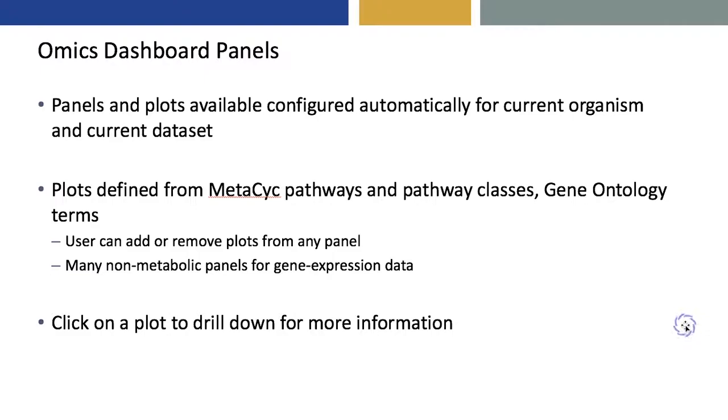Now, the dashboard itself allows the user to add or remove plots from any panel, and also there are many more metabolic panels when we're looking at gene expression data. What we saw just now was the dashboard in Metabolomics mode, where it showed us only metabolism-related panels. And in general, you can click down on any plot to drill down for more information until you get to the level of individual metabolites or individual genes.